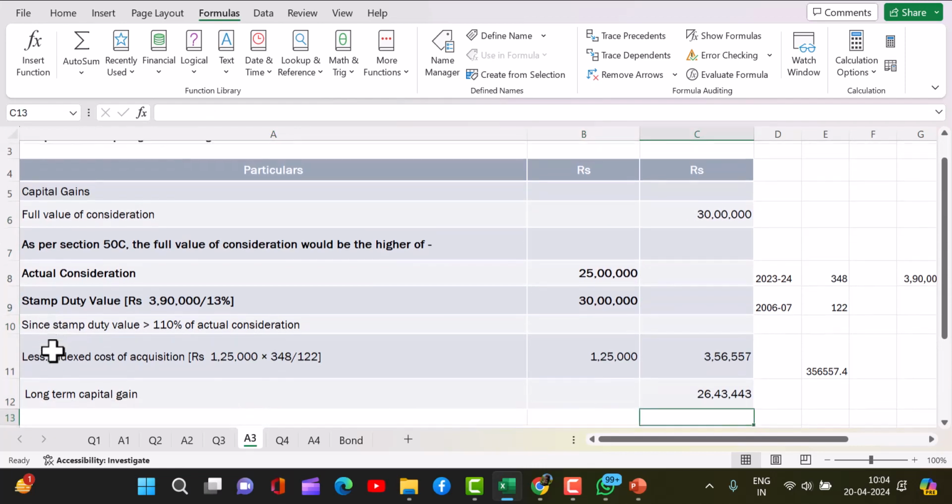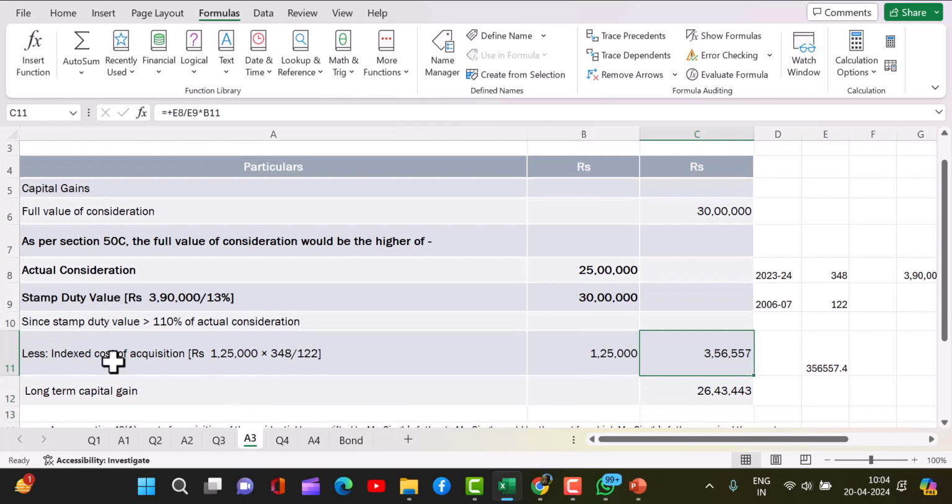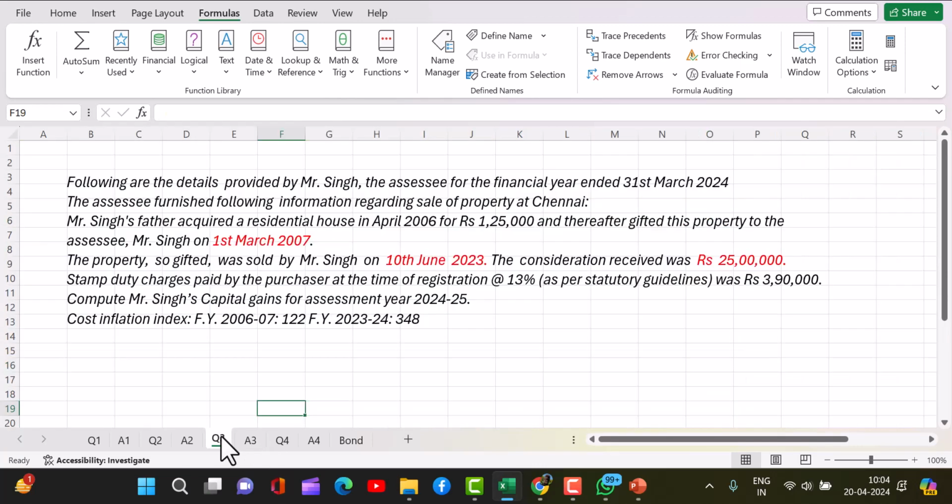Then the acquisition cost: the property was purchased by Mr. Singh's father at 1,25,000. So this was the cost to Mr. Singh's father, and this value would be taken for his son when he sold the property, and it happened the same year. So in 2006-07 the rate was 122.